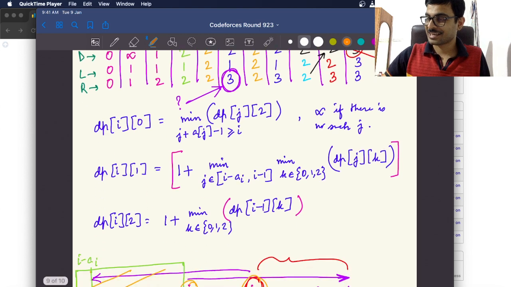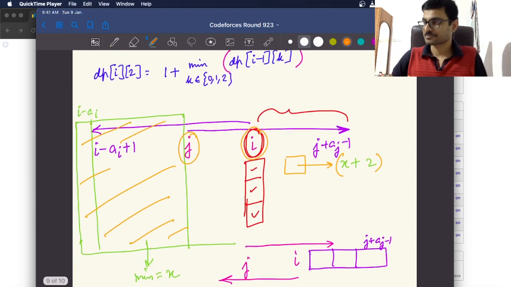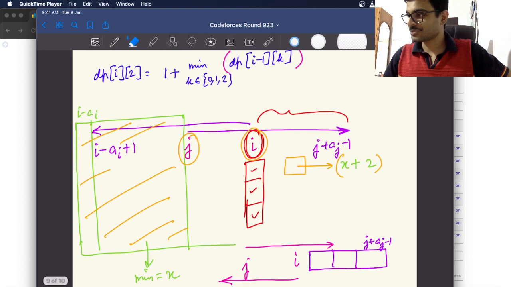So let us analyze this case. This was that case.